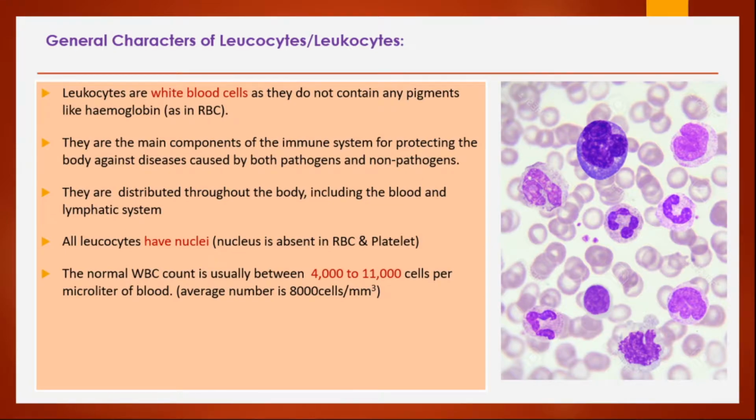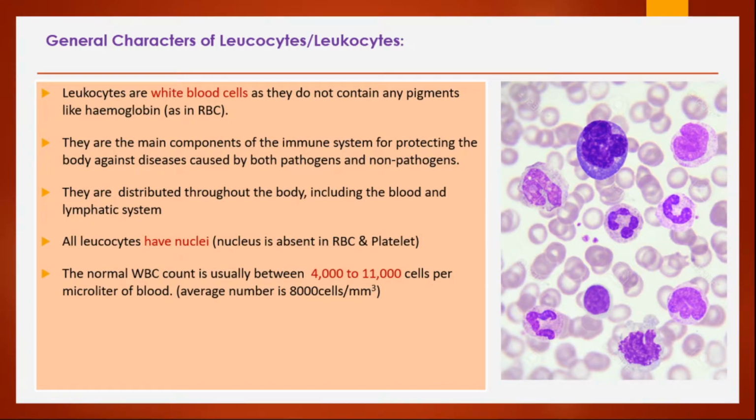The normal WBC count is usually between 4,000 to 11,000 cells per microliter of blood. An average of 8,000 cells is present in 1 mm³ of blood. An abnormal increase in WBC is known as leukocytosis, which is usually observed during infection.